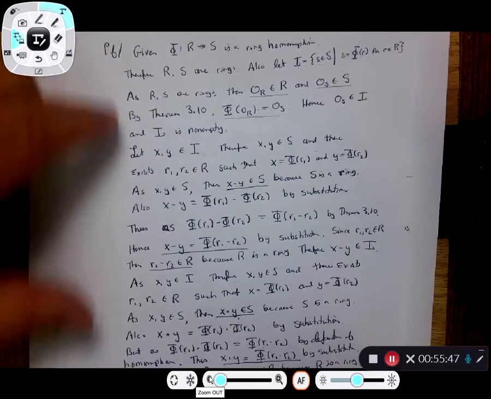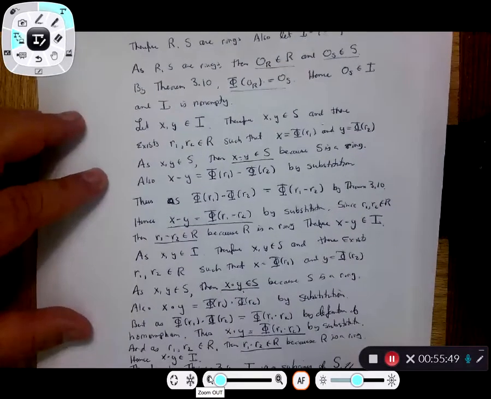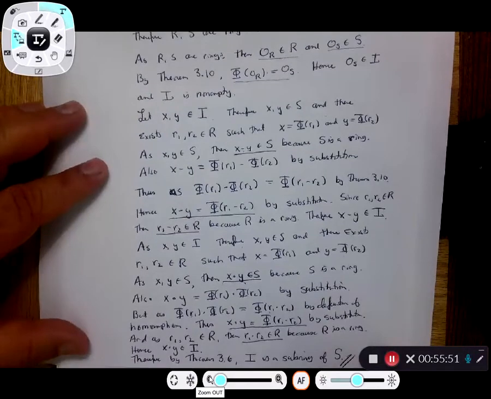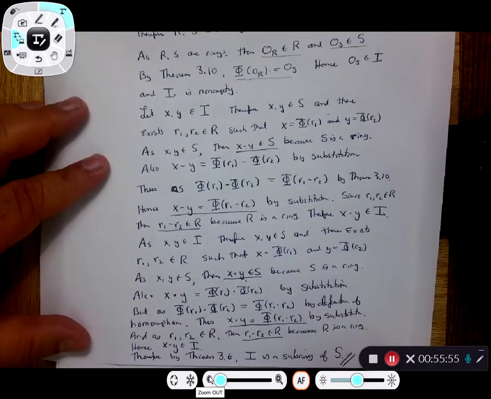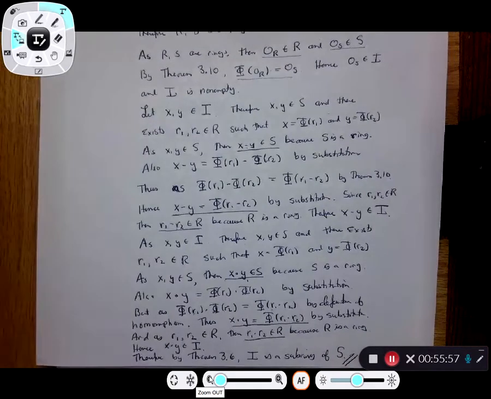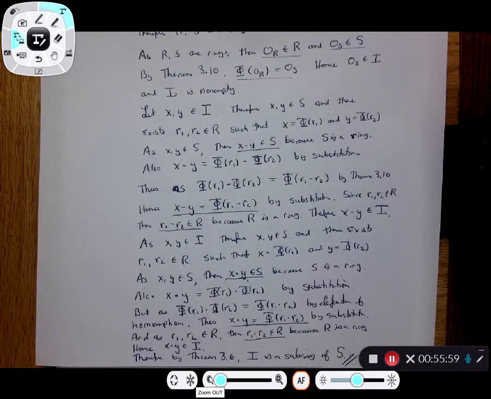I tried to write this up accordingly because you're going to be doing a lot of these, proving that subrings under homomorphisms will be subrings. Because as I mentioned before, homomorphisms are property preserving. So if you've got phi going from ring R to ring S, subrings of ring R will map to subrings of ring S, so it's property preserving.